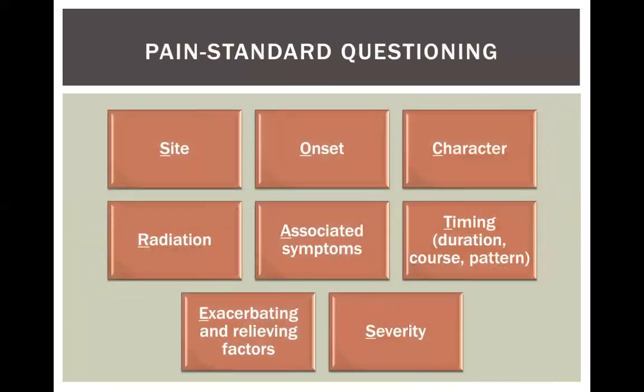So, this is standard questioning for every patient with pain, wherever the pain was. We should ask about the site, the onset, the character, the radiation, the associated symptoms, the timing, including the duration, the course, the pattern, the duration of the illness, the duration of the chest pain, and when it comes as an attack, it is not persistent, and the course, is it progressive, rapidly progressive, or is there some relief, the pattern, is it persistent or not persistent.